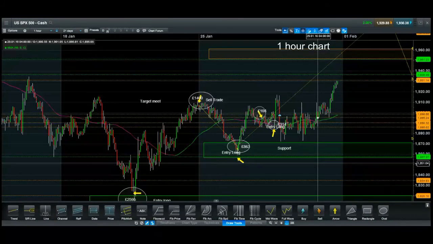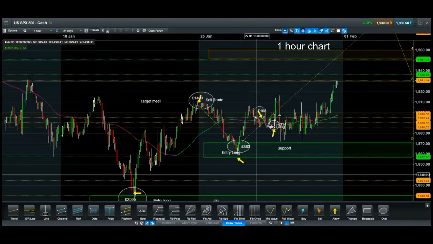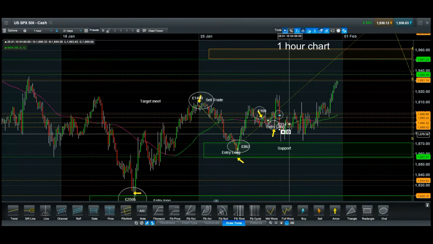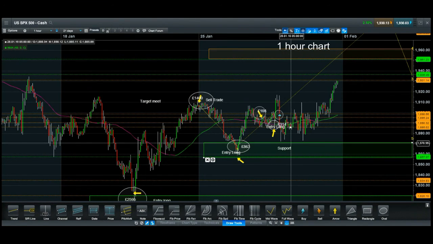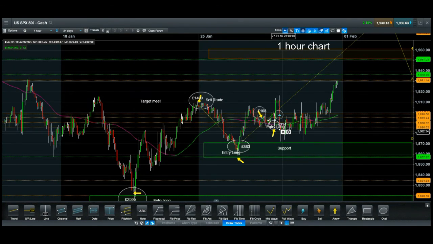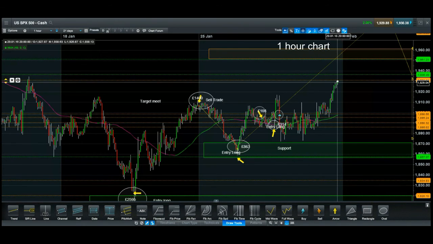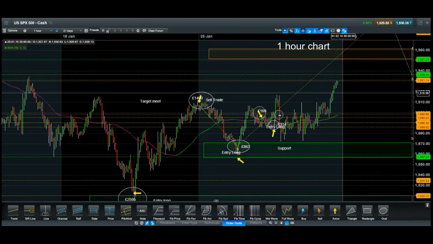Okay, it's the end of the week, and on the 27th, I entered here, expected the index to retreat back down, but didn't expect it to drop so far. But nevertheless, the index managed to bounce in this area and finally climbed to the top, to the resistance level tonight, Friday.